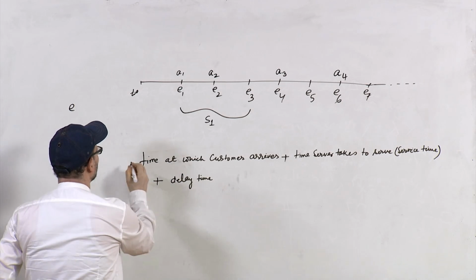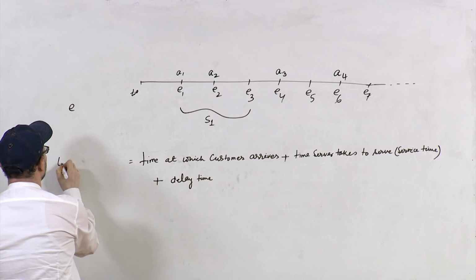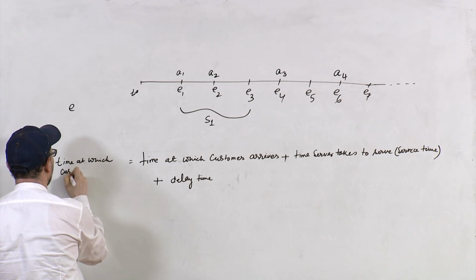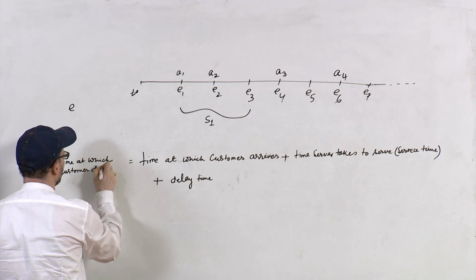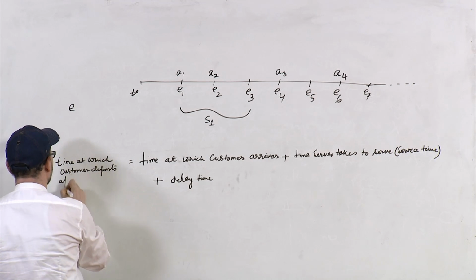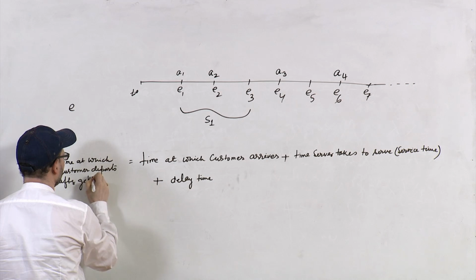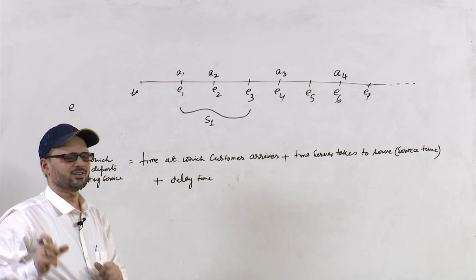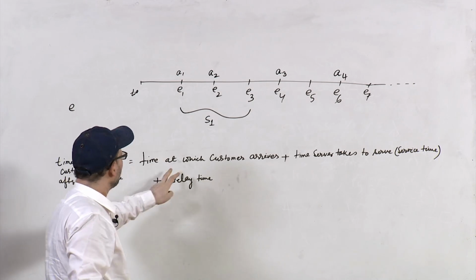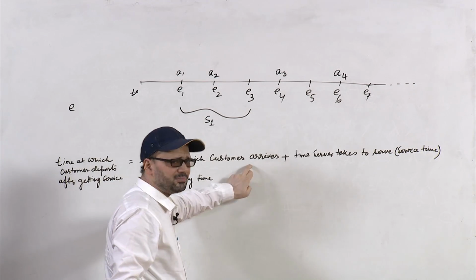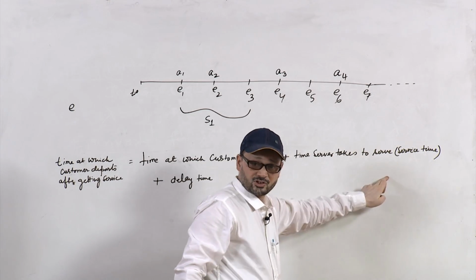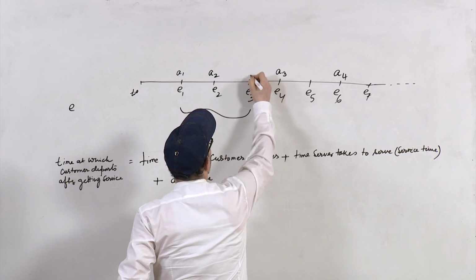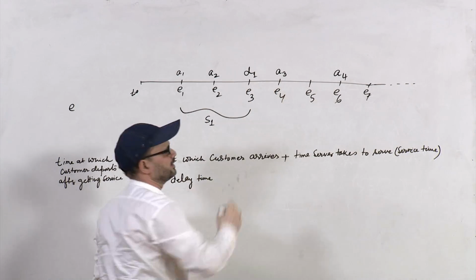So, this will be the time at which the customer departs after getting service. Basically we can have any suffix i for any customer, and that will be the time at which the customer arrives plus the time of service plus the delay time, and that is how this customer will depart at this time, that will be D1.